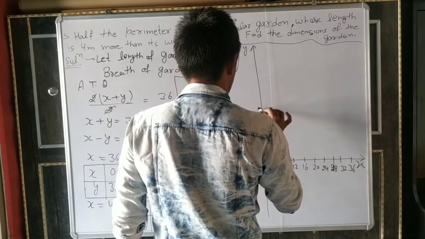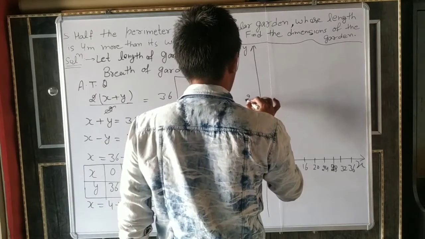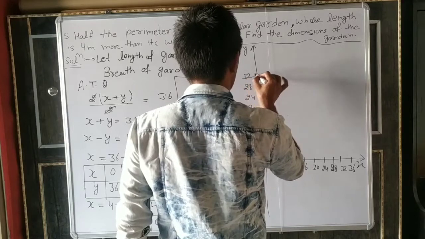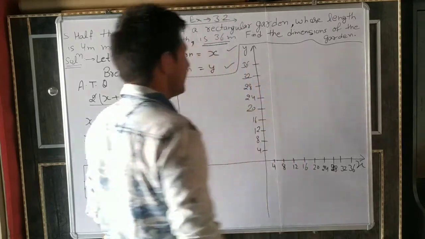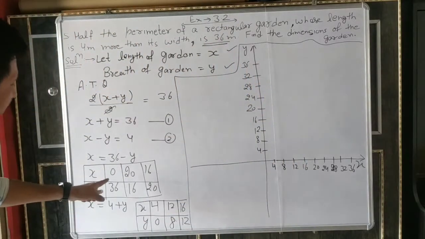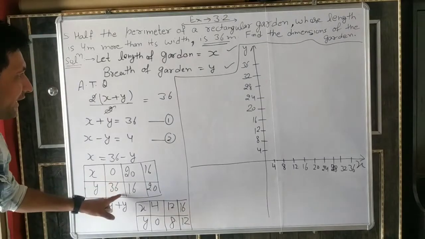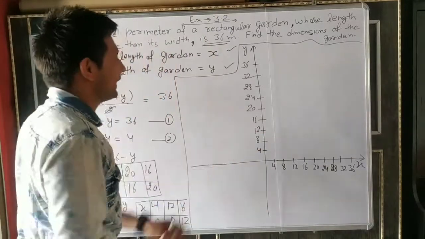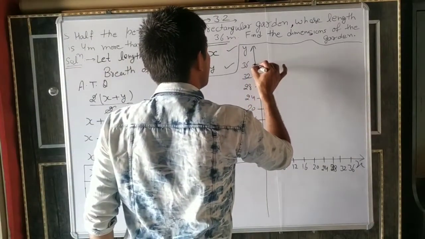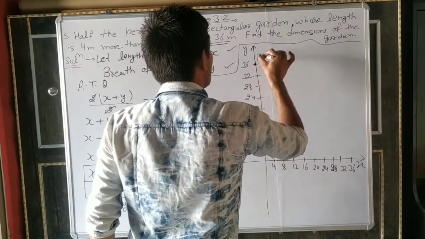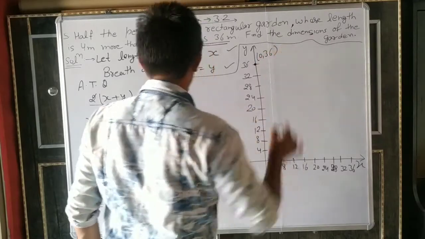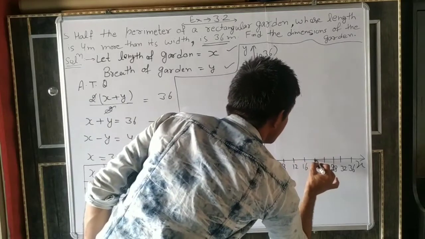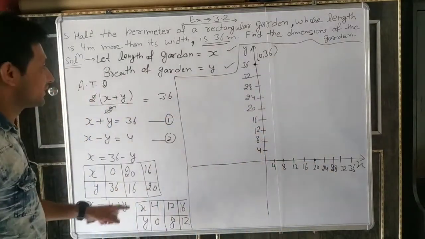12, 16, 20, 24, 28, 32 and 36. Now we will show it on the graph. First, x is 0, y is 36. X is 0 always on the y-axis, so it is (0, 36). Next, x is 20, y is 16.